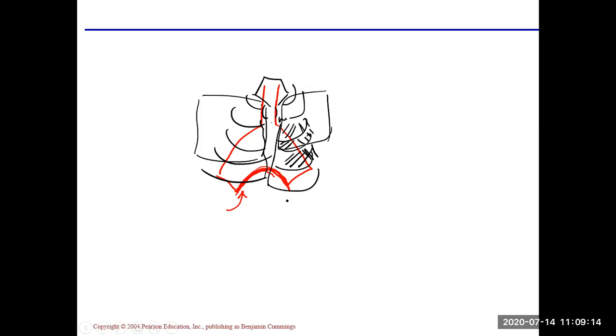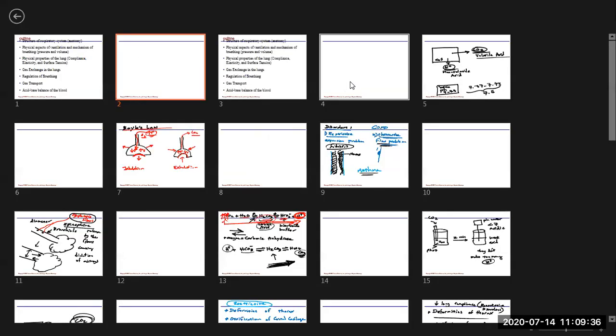All of those respiratory muscles are important because if you have a spasm, or the diaphragm is not working properly, that is going to interfere with the normal rate of breathing. Okay, so that's one of the structures involved.